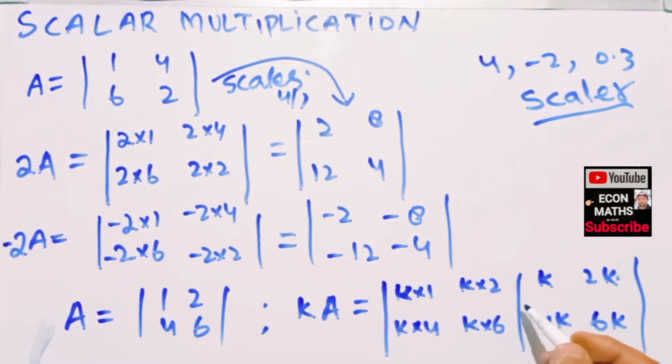So multiplying by a scalar either scales up or scales down the size of the matrix. Now in case of 1, if I multiply this by 1, it will neither scale up nor scale down the matrix.